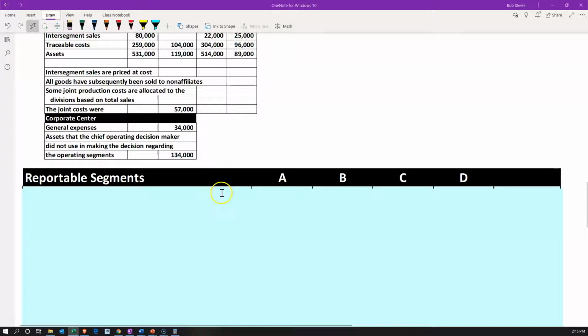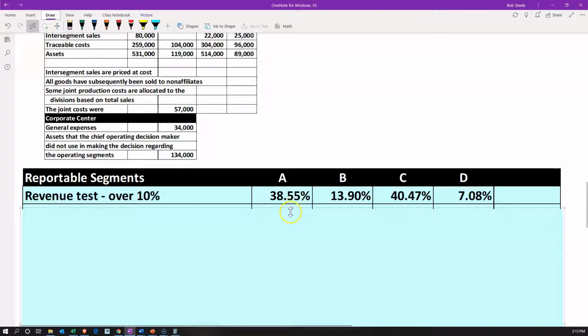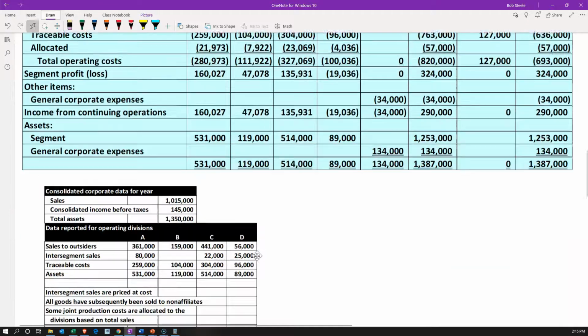So we can use some of our information from the worksheet to work out these tests. So we have the reportable segment revenue test over 10% of the revenue. Basically, if it's over 10%, then we would have to do the separate reporting disclosures related to the segment. We already did this calculation up top.